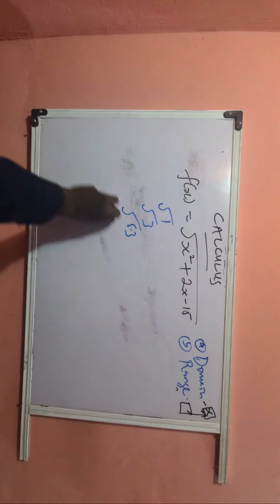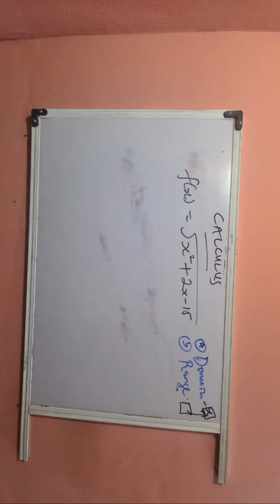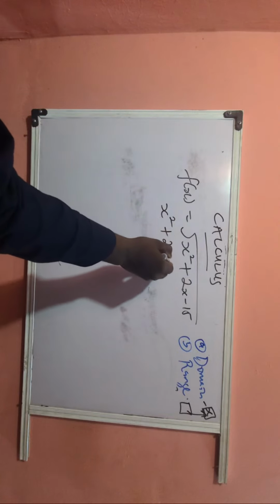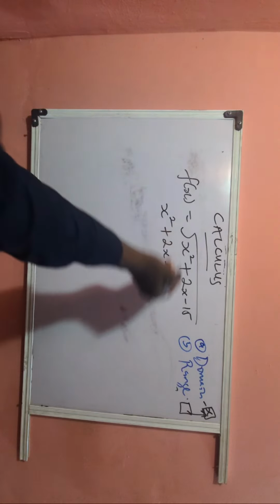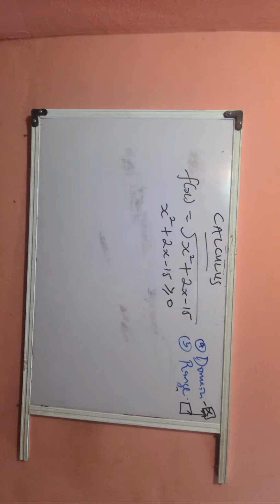The way to write that mathematically is to say x squared plus 2x minus 15 must be greater than or equal to 0. It can be 0, but it must not be less than 0.